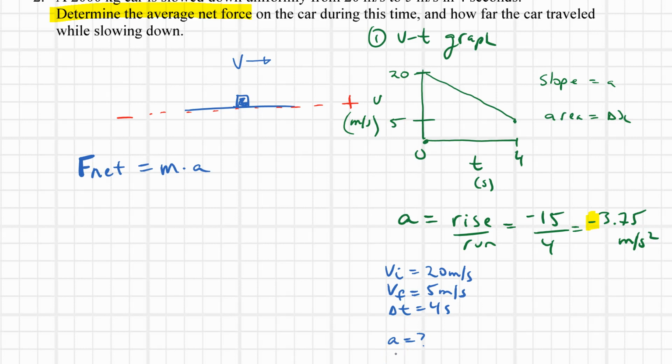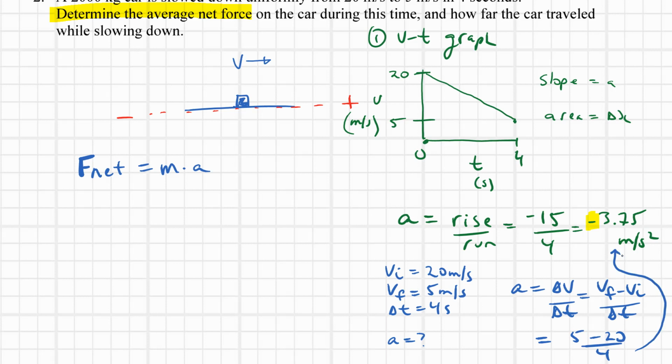So that would be acceleration is delta v over delta t, which is vf minus vi all over delta t. So really it works into exactly what we did here. It's going to be 5 minus 20 all over 4, and you see that ends up being exactly what we did before, minus 3.75 meters per second squared.